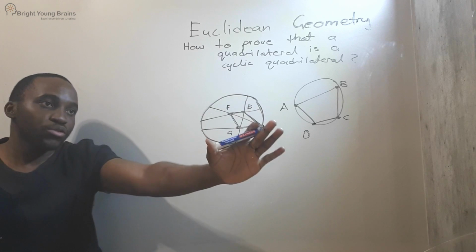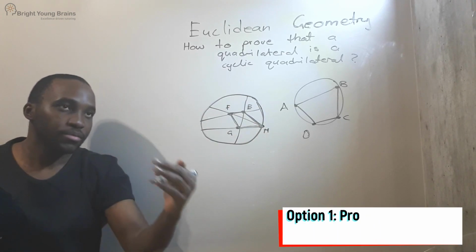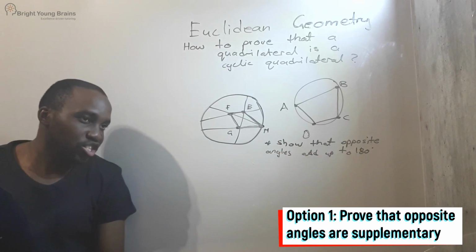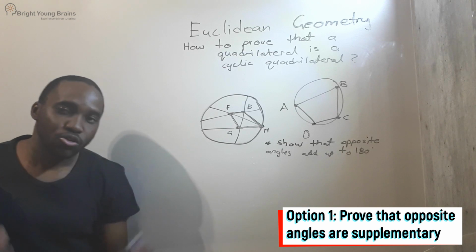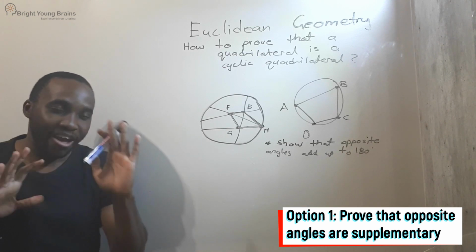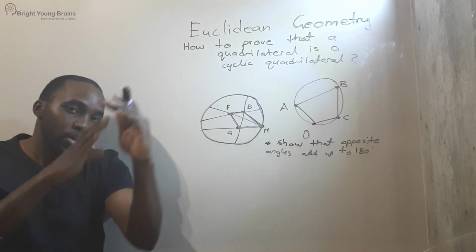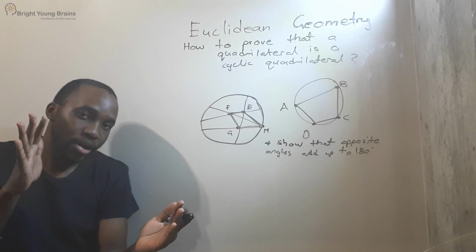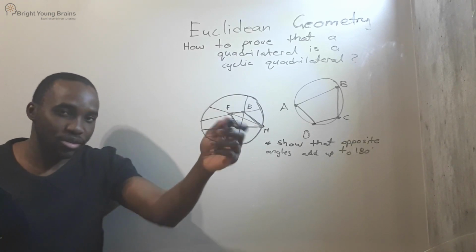So ways to prove a cyclic quad, we said there are three ways. The first one is that you will just need to show that opposite angles add up to 180. So regardless of whatever sketch you have, if you can show that opposite angles within that quad add up to 180, then you would have proven that that quadrilateral is a cyclic quad.